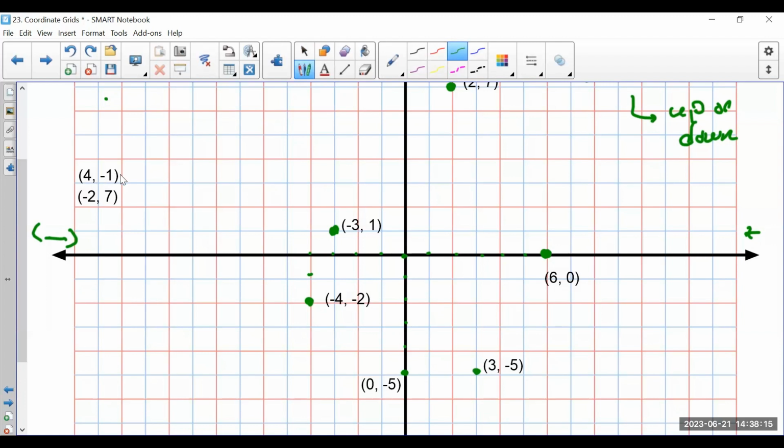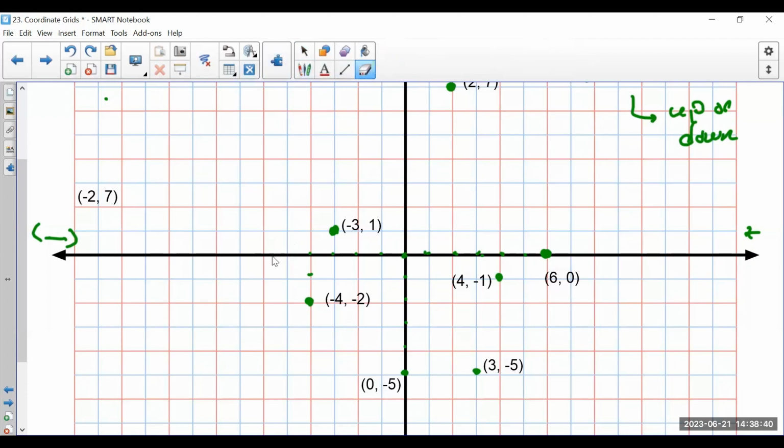4, -1, starting at 0, 0. 1, 2, 3, 4, right here, but then -1, over 4 down 1, right there. All right, last one on this page. -2, 7.